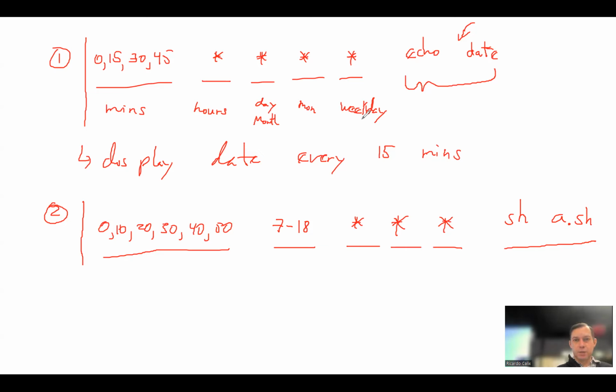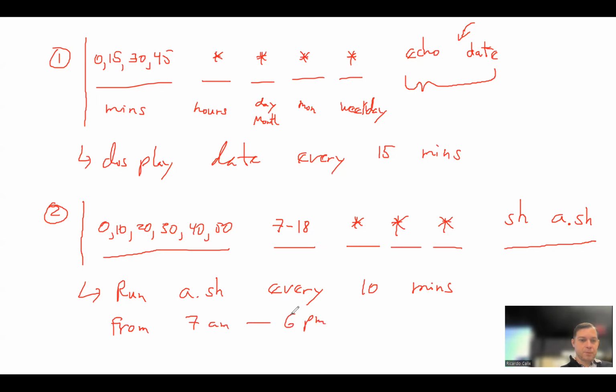All right. Let's do another one. Oh, yeah, I should write these down. So say run the shell a.sh every 10 minutes, from 7 a.m. to 6 p.m., daily.